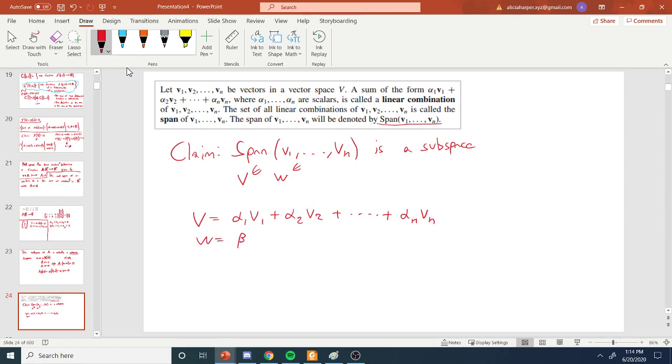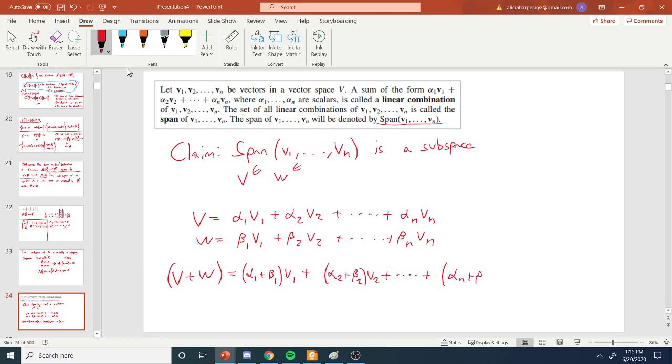W here is going to be beta 1 v1 plus beta 2 v2 plus and so on up to beta n vn. And now let's consider what happens when we add these two together. We get V plus W. And this is going to be (alpha 1 plus beta 1) times v1 plus (alpha 2 plus beta 2) times v2 plus and so on up to (alpha n plus beta n) times vn.